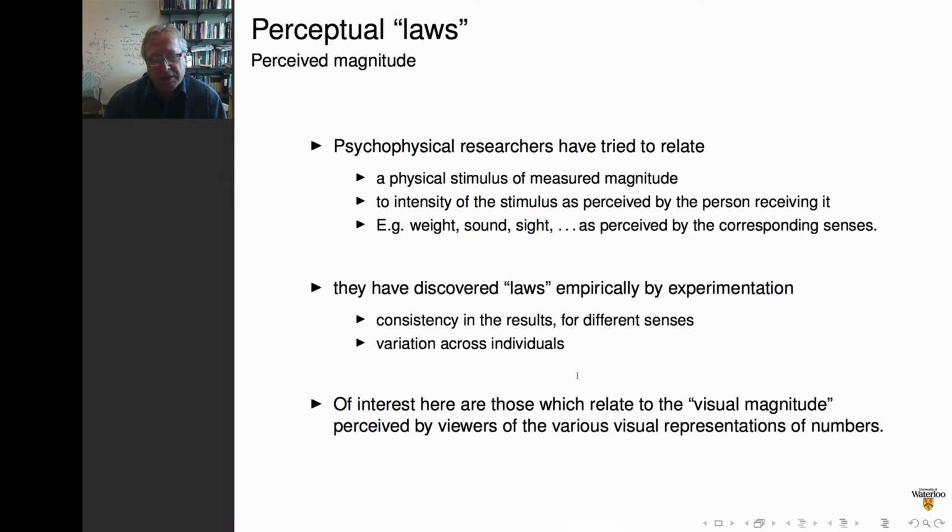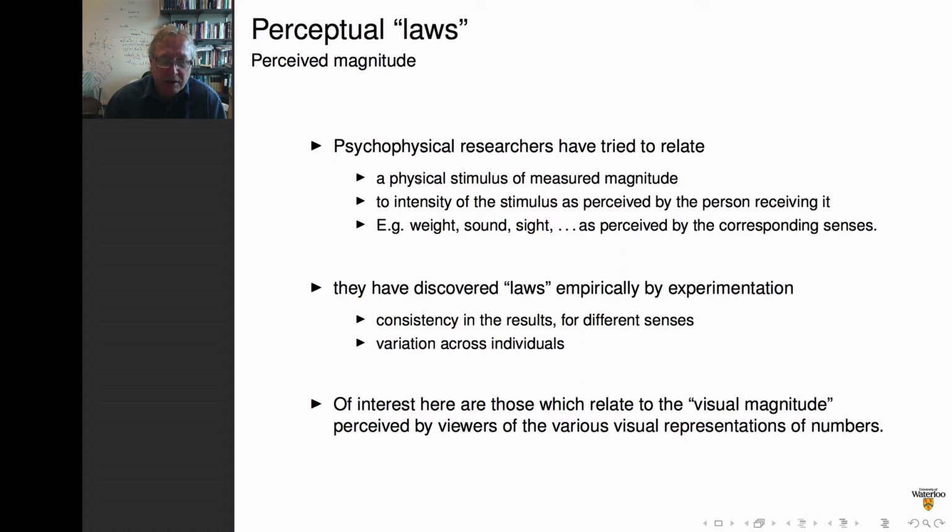And the notion again is, if I give a physical stimulus that I can actually measure, the area, the length, etc., and then I ask the person what is the actual value associated with that, can I? That's their perception of the value.